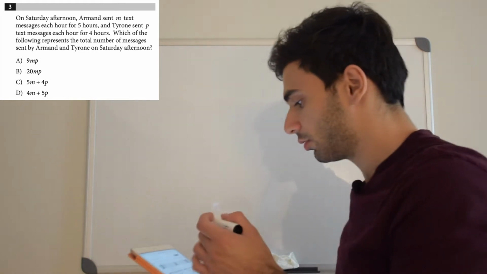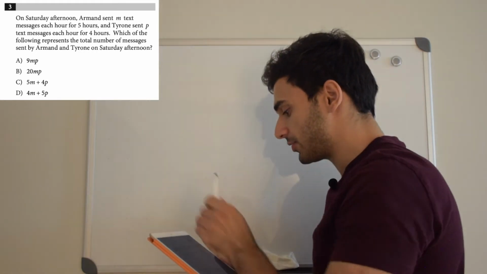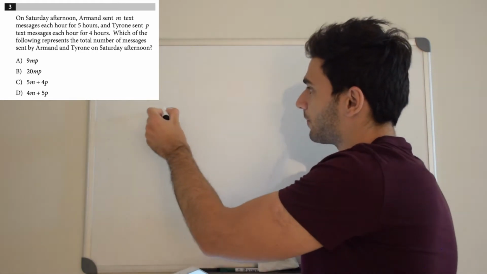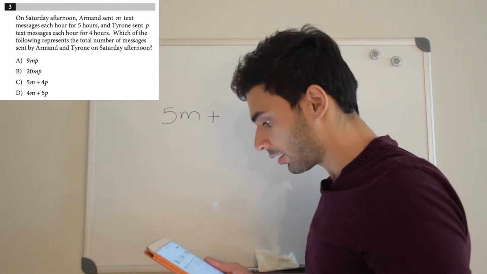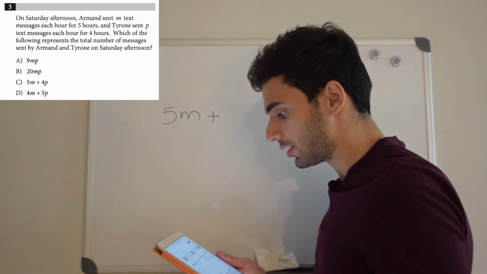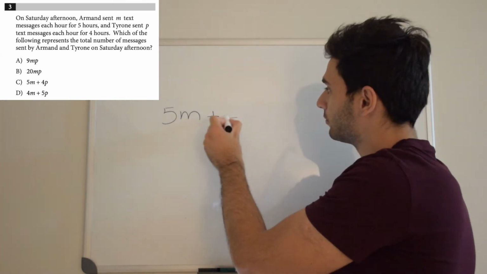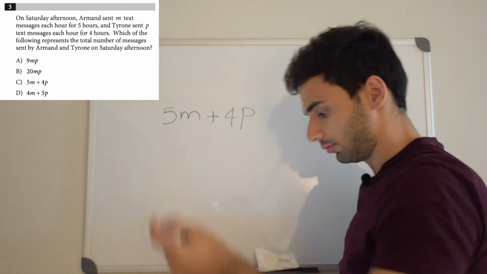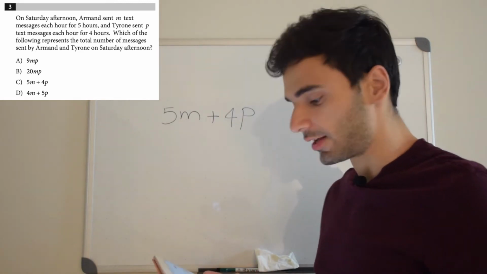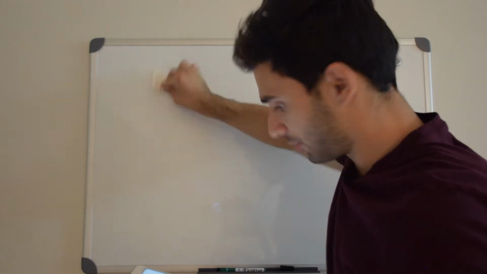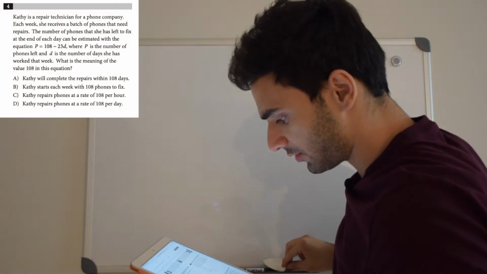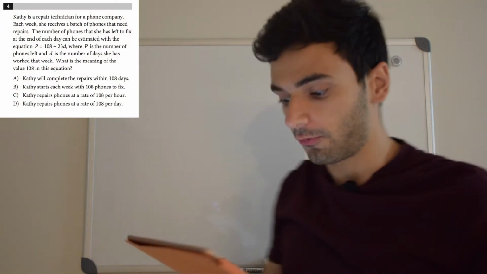So Arman sent M text messages each hour for 5 hours, and Tyron sent P text messages each hour for 4 hours. Done. So C is the answer. Very simple.